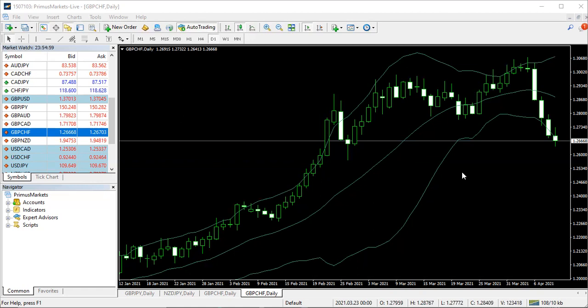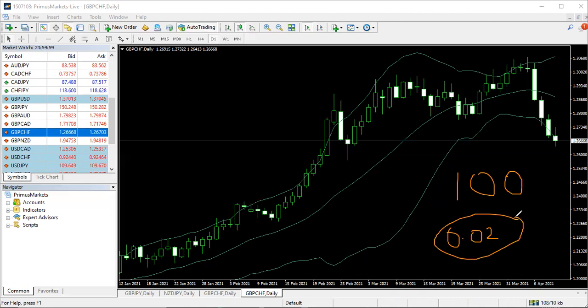With the risk management for this pair or this forecast, if you are trading an account that has a balance of $100, then I suggest that you use a lot size of 0.02, and you place just a single trade.